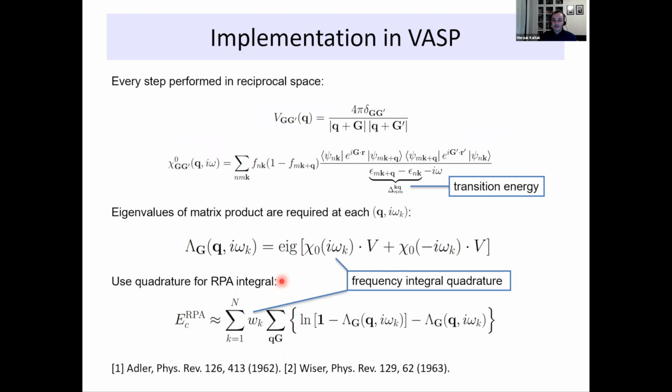The simplest way to evaluate this correlation energy is to work in reciprocal space, because the Coulomb interaction in this space is diagonal. That means that the product of this Coulomb matrix with the polarizability is done in this space, and we need the reciprocal version of the polarizability, which once again can be obtained from the direct calculation using the formula of Adler and Wiser.